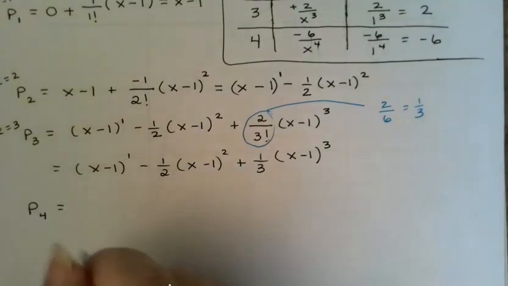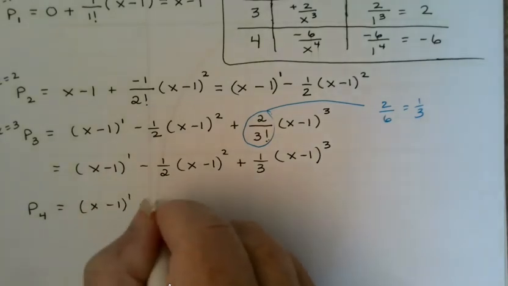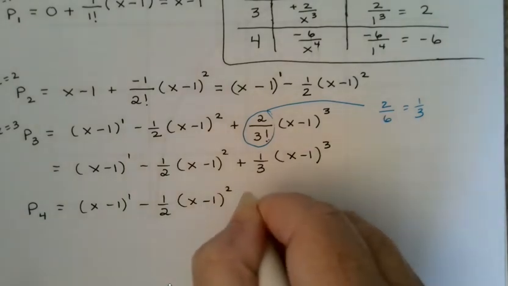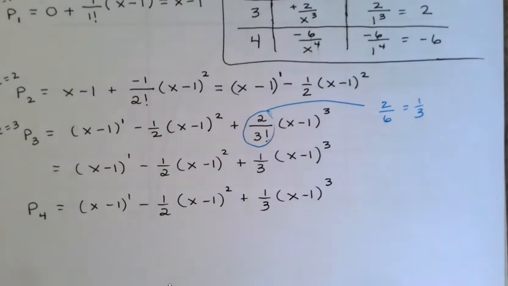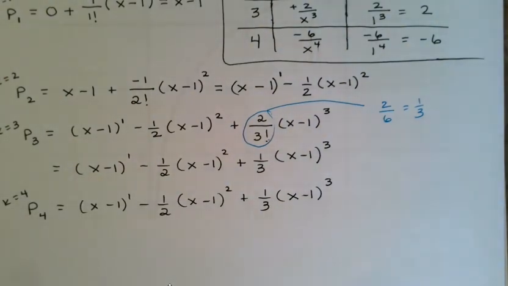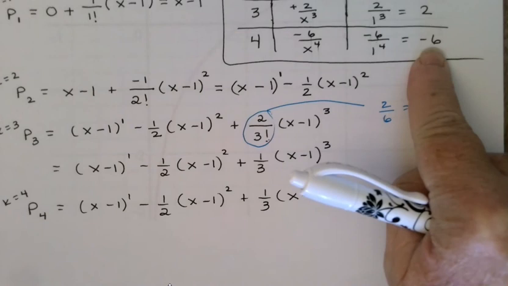P4. That sounds like a broken record, but here we go. We got to keep what we already had. And now I have to add on the k equal 4 term. So plus, the numerator is the fourth derivative, which is negative 6.